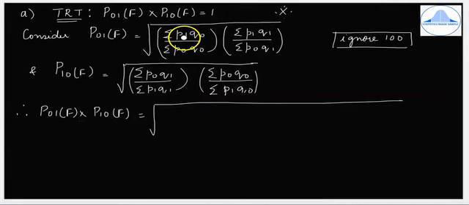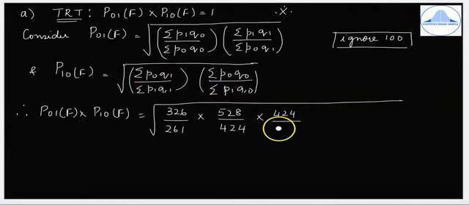So first we have summation P1 Q0, that is 326, divided by summation P0 Q0 is 261, into summation P1 Q1 is 528 and summation P0 Q1 is 424, into, now we have to multiply these 4 terms, summation P0 Q1 is 424 divided by summation P1 Q1 is 528 into summation P0 Q0 is 261 divided by 326.